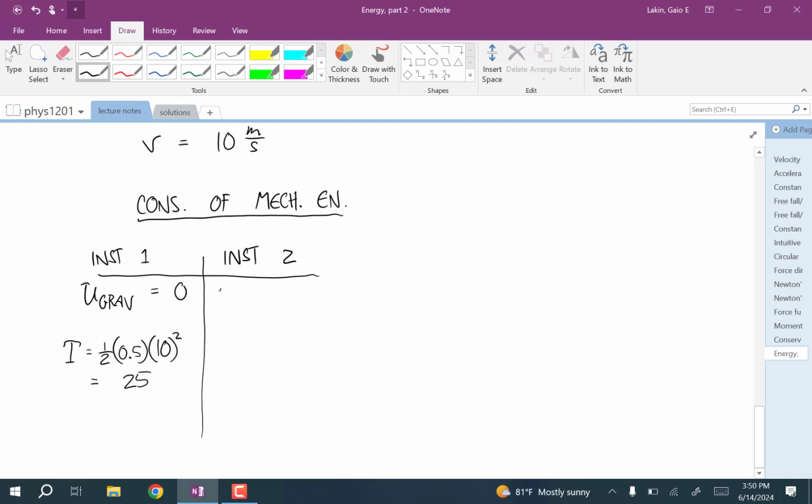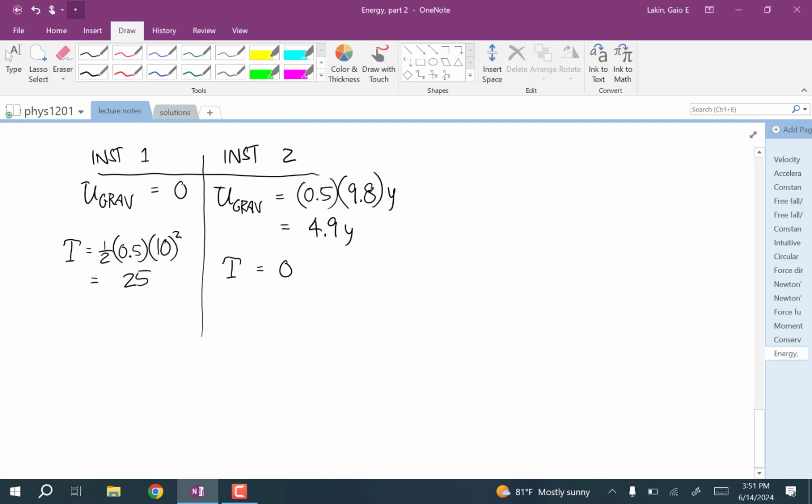At instant 2, the gravitational potential energy is the mass times 9.8 times the height. And so that gives 4.9 y. And then the kinetic energy, well, when it reaches the highest point, the speed is going to be 0, which means the kinetic energy is going to be 0.